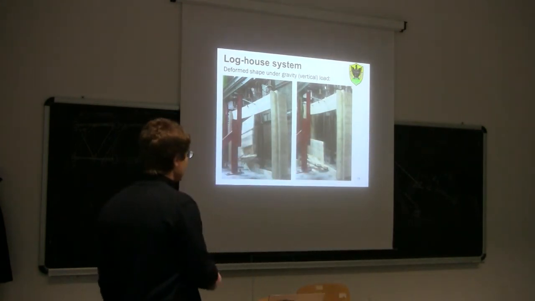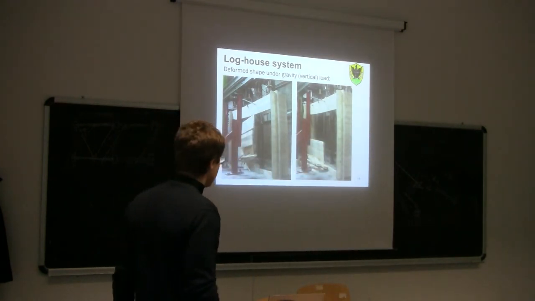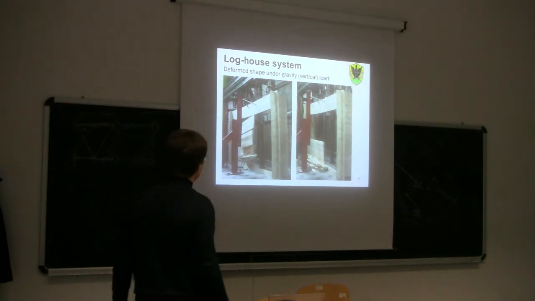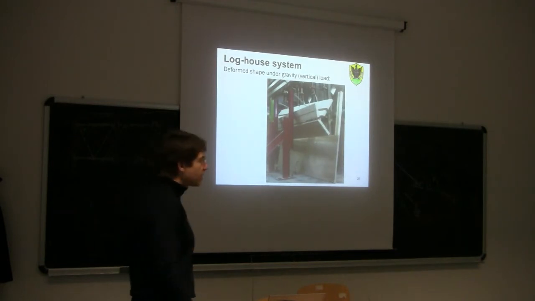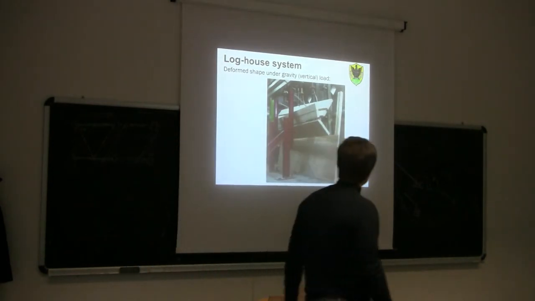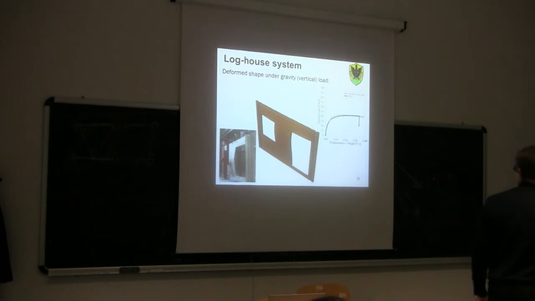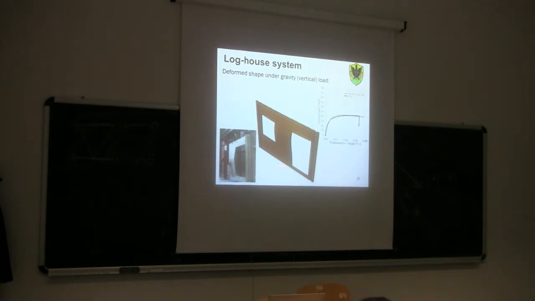Without those profiles, the strength would be very low. This is another test, instead a wall without any hole. In this case, you can see again that out-of-plane buckling is the failure mechanism.